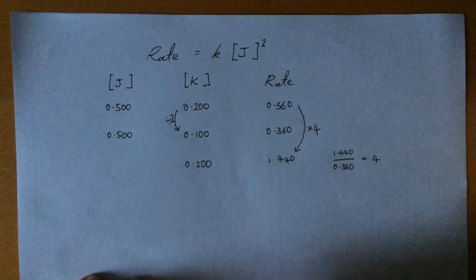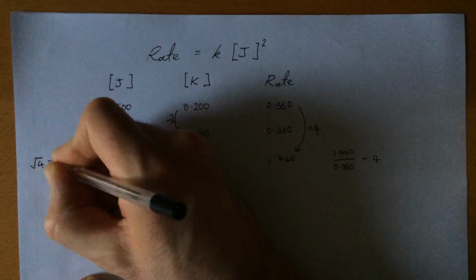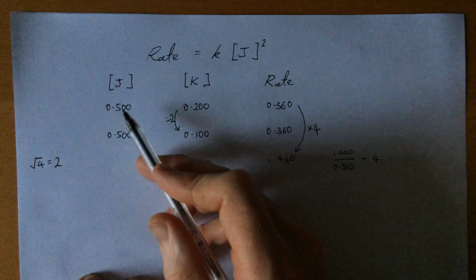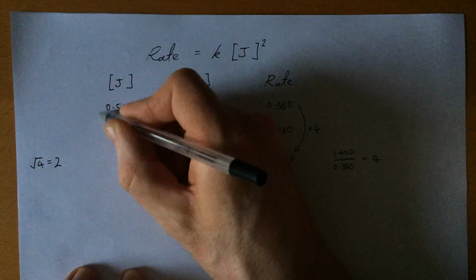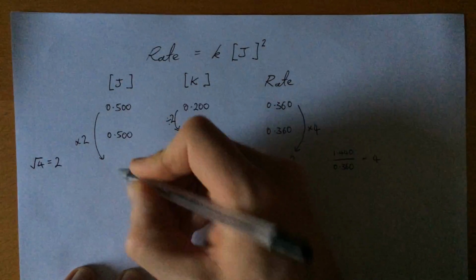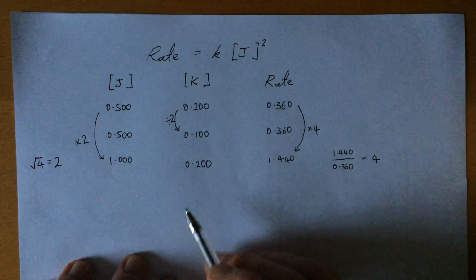Or what is the square root of 4? So the square root of 4 is 2, so the concentration of J must have increased by a factor of 2, so it must have doubled, and that gives 1.000.